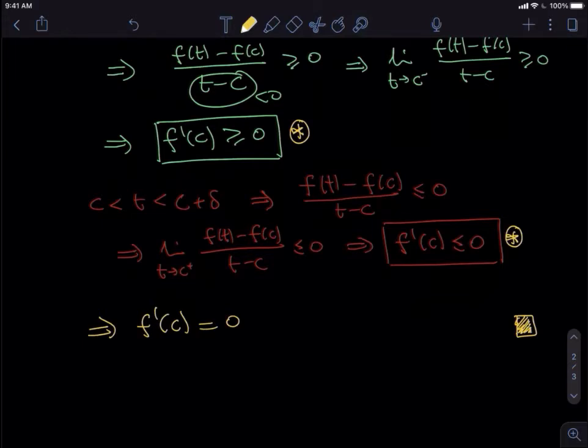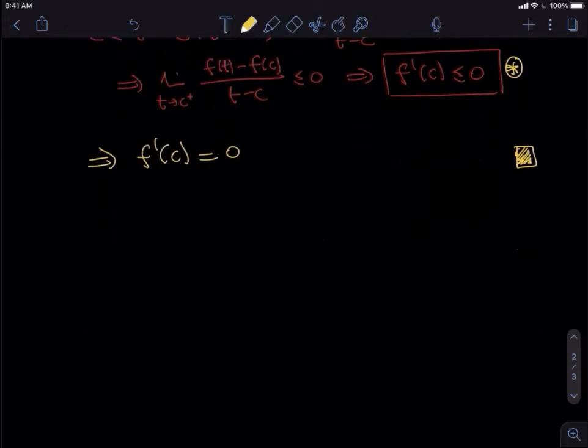From this result, we can prove what is called Rolle's theorem. And what does Rolle's theorem say?